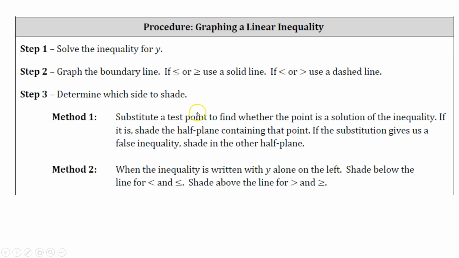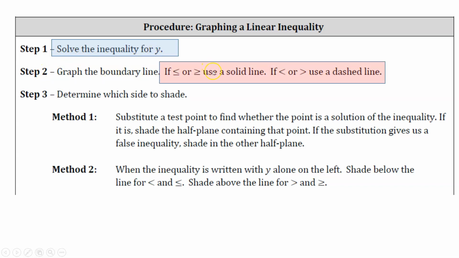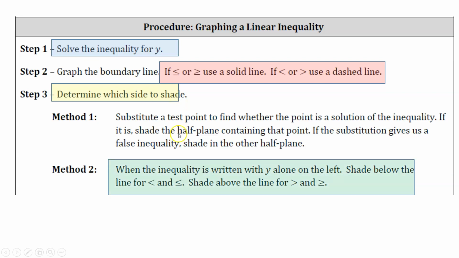All right, so they go over the procedure of how we're going to graph. The first thing we're going to do is solve for y, and I'll show you how to do that. We are then going to graph. If it's using one of these symbols, it's going to be solid. If it's using one of these symbols, it'll be dashed. And then we're going to determine which side to shade. Okay? We'll be using method 2.